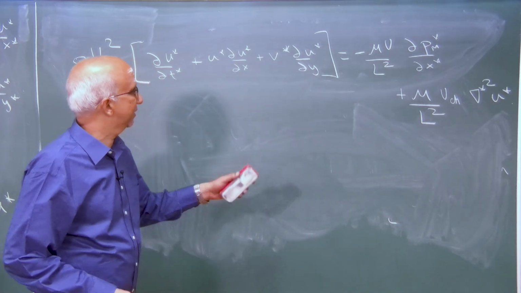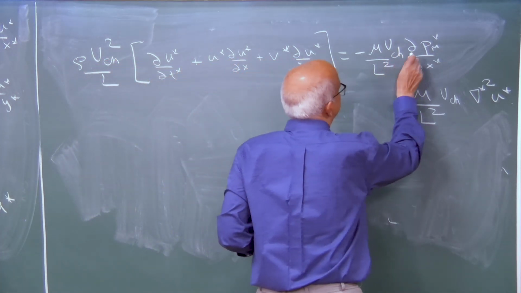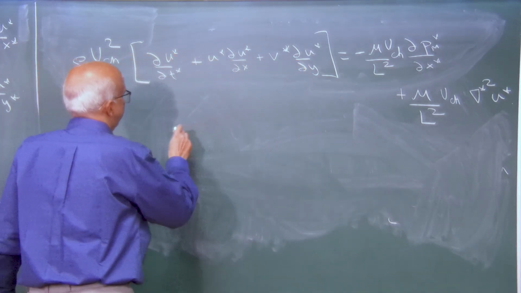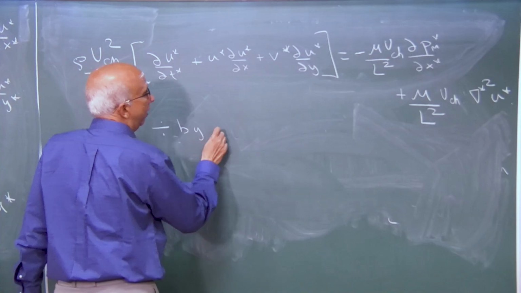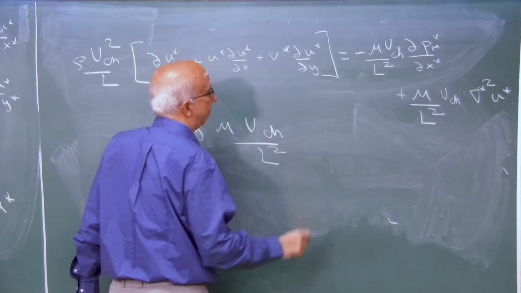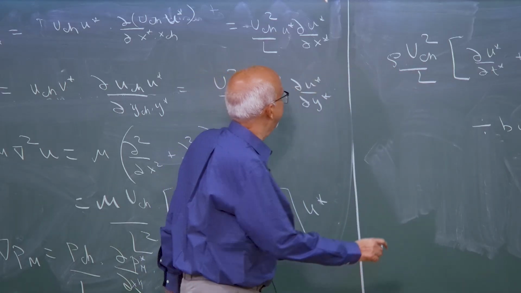So, now I can just divide everywhere by mu times u characteristic by L squared, the whole equation. Then what do I get?